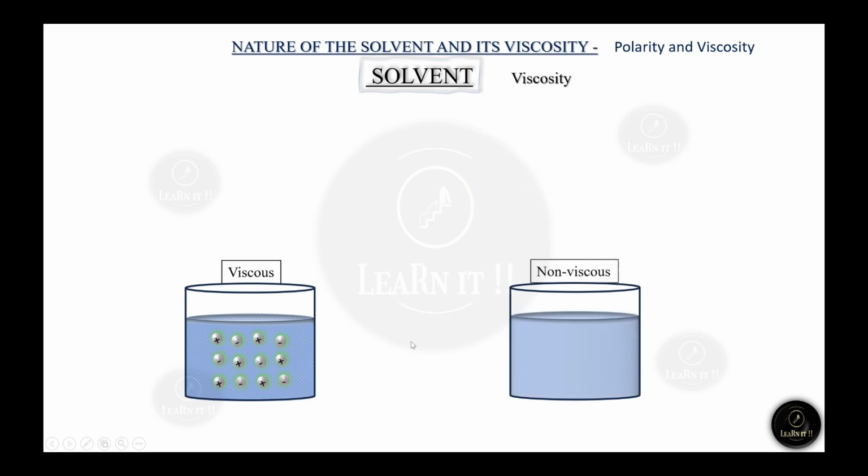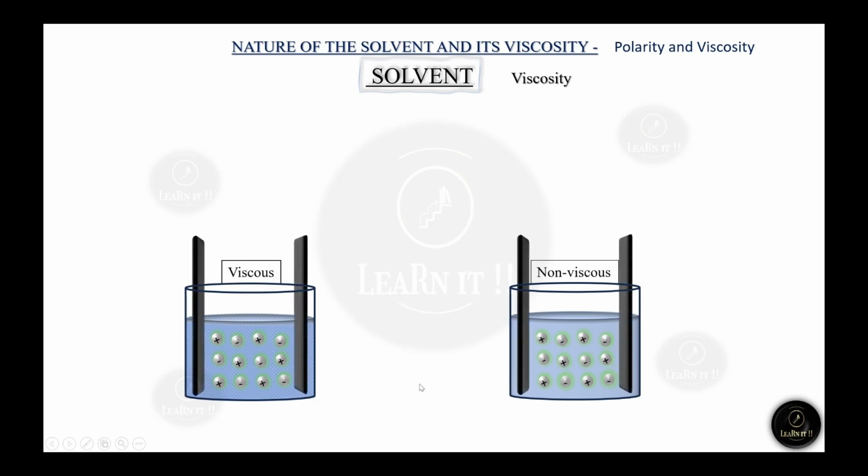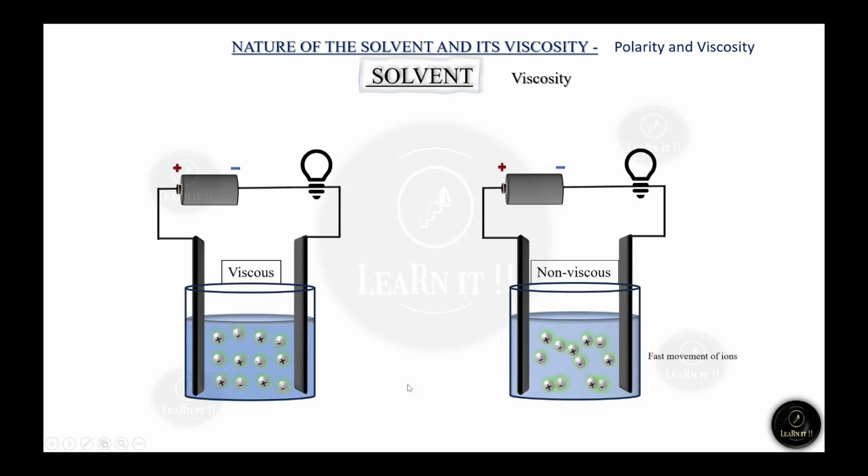We take the same compound and dissolve it in a non-viscous solvent. The number of ions is the same, but when we pass electricity, in viscous solvents the ion movement is slower, but in non-viscous solvents the ion movement is faster.